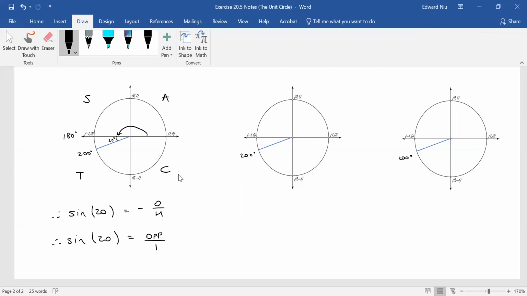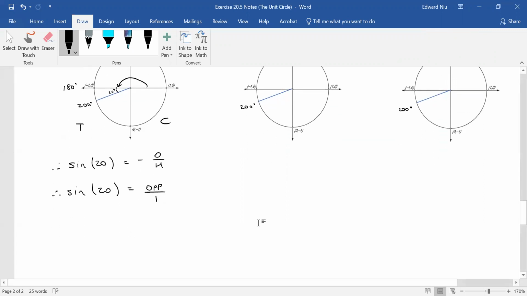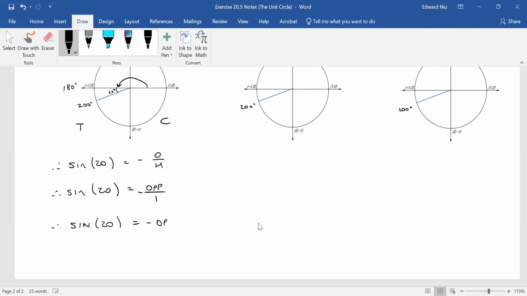And then the hypotenuse is going to be 1 because the hypotenuse is a radius. Okay, so therefore, sine 20 equals opposite. We can input sine 20 into our calculator.